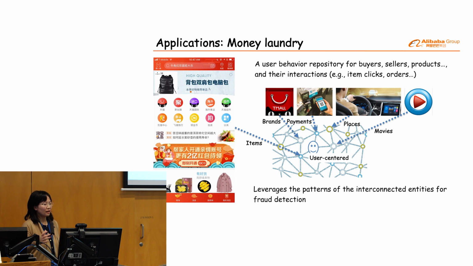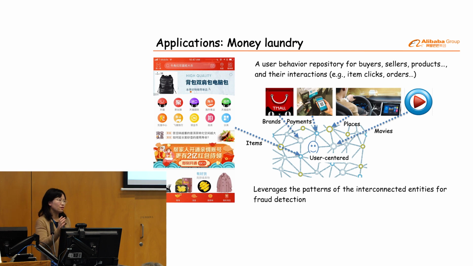For instance, the items the user purchased, the accounts of the user, where this user visited, and how this user makes payments or transactions. So this forms a quite heterogeneous network to capture how the money runs from one type of vertex in this network to another type of vertices.